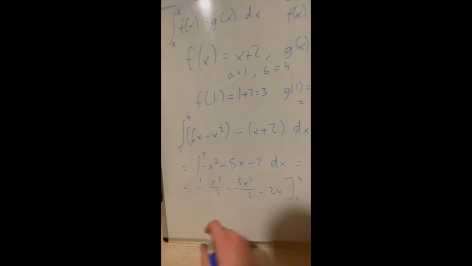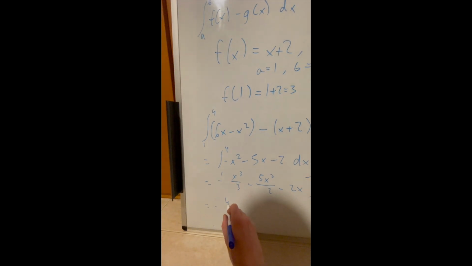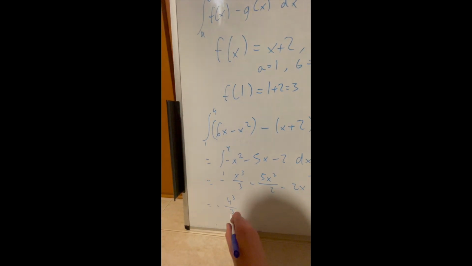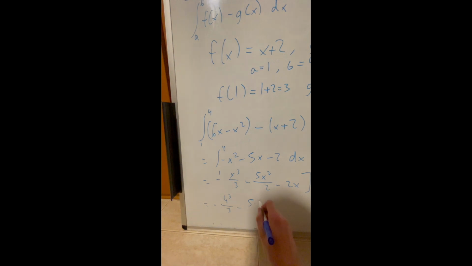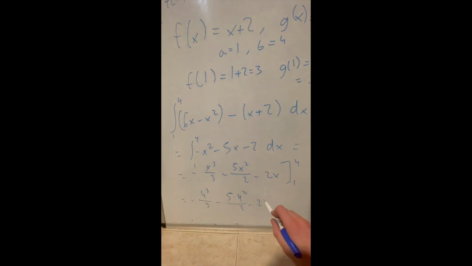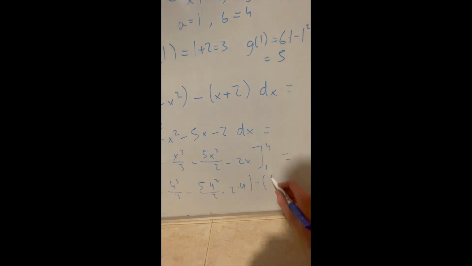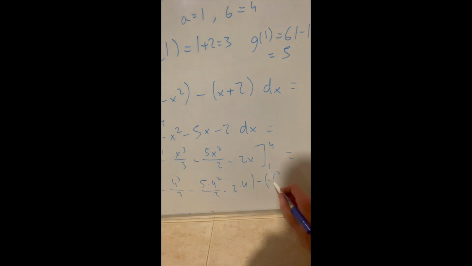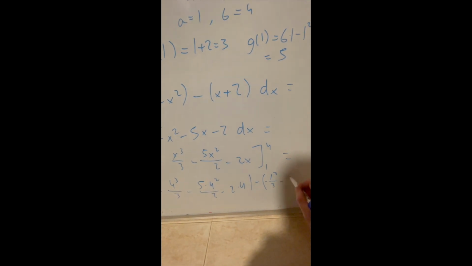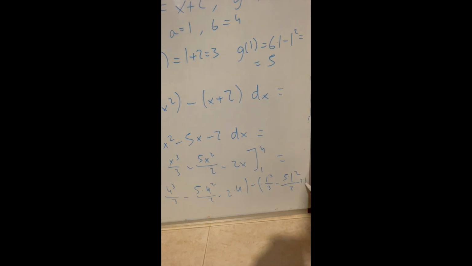And now we just solve for these. It's going to be minus 4 to the power 3 over 3, minus 5 times 4 to the power 2 over 2, minus 2 times 4, and all this minus 1 to the power 3 over 3, minus 5 times 1 squared over 2, minus 2 times 1.